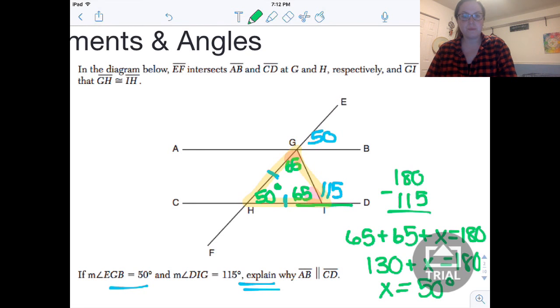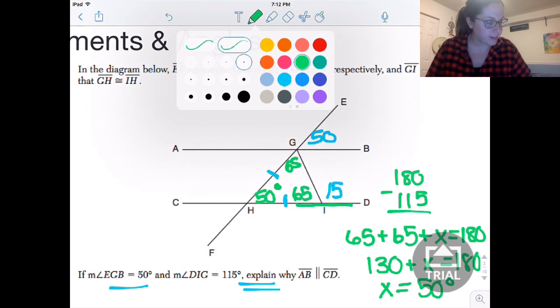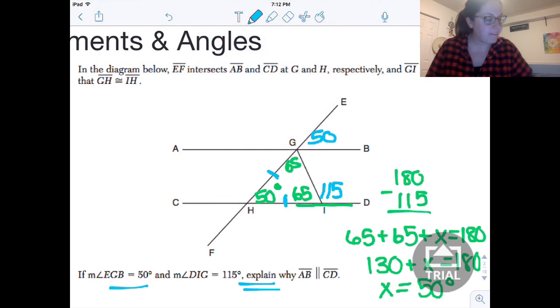And I get excited, because what I notice now is that I have this pair, and again, I'm just erasing these so I can highlight something else for you guys. I see that I have a pair here that are both 50, okay? And when I look at those, I notice that those two angles are on the same side of that transversal, and they're both above the line.